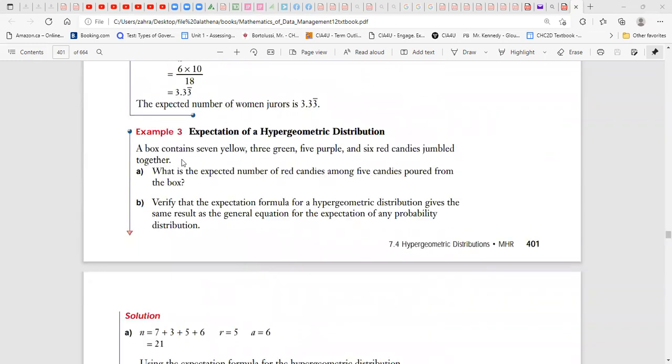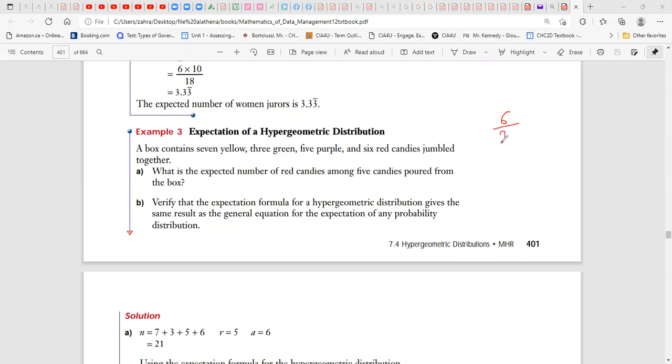Look at this question. A box contains 7 yellow, 3 green, 5 purple, and 6 red candies jumbled together. What is the expected number of red candies among 5 candies pulled from the box? How many red do we have? We have 6 red. What is the total if you add 7, 3, 5, 6?